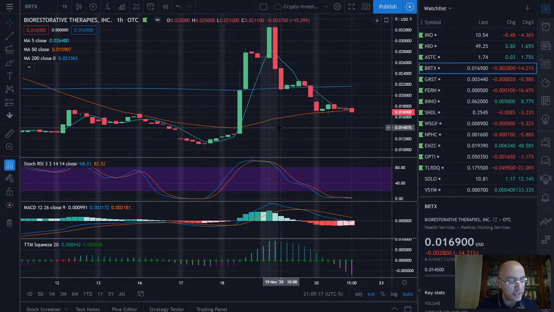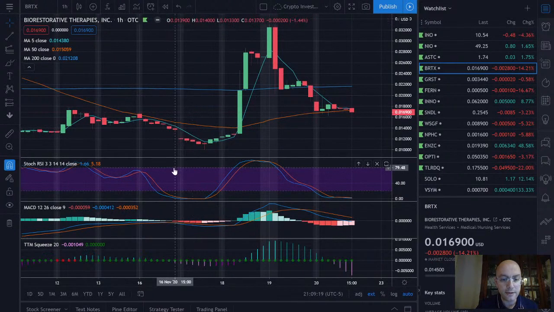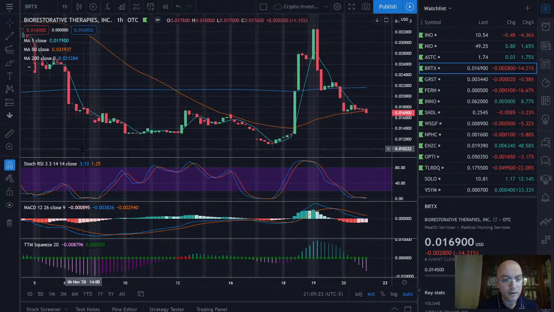I have here BRTX, November 6th at 11 a.m. Right here you have basically a spinning top candle. So this candle shows you here is the body, here is the top wick, and here is the bottom wick.